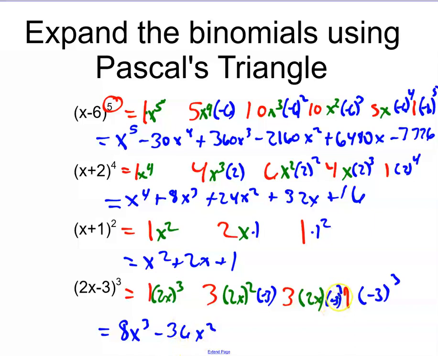Here we've got negative 3 to the second power. That's positive 9. Positive 9 times 2 is 18. And then 18 times 3 is a positive 54x. And then negative 3 to the third is negative 27. All right, that is all you need to know for Pascal's triangle.